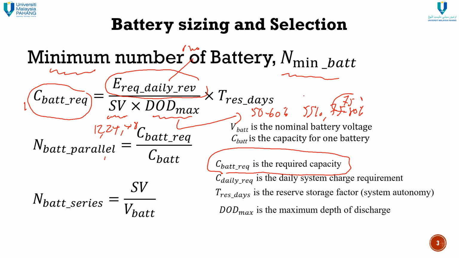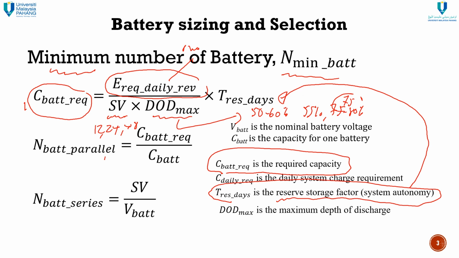Then multiply with the reserve storage factor, or system autonomy: how many days we need the system to withstand if something happens. This is very useful for systems placed in the jungle, in the forest, on the mountain, for people who isolate themselves from the public because they are stressed living in the city.